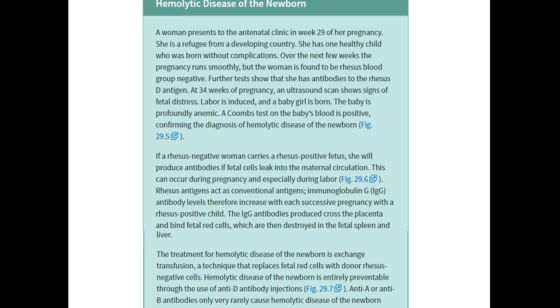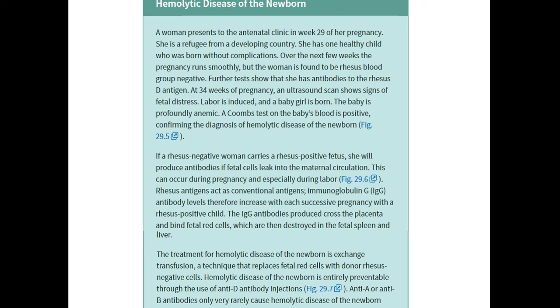That means that the baby that is undergoing hemolysis, we exchange the blood of the baby and replace that with Rh negative blood, usually O negative blood. So we replace the whole blood with Rh negative O blood, and that's it. This is how we treat that condition.